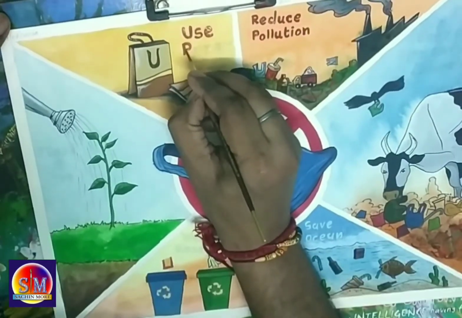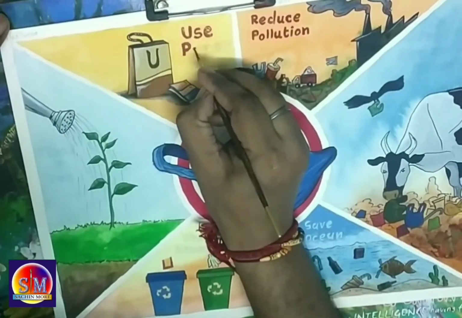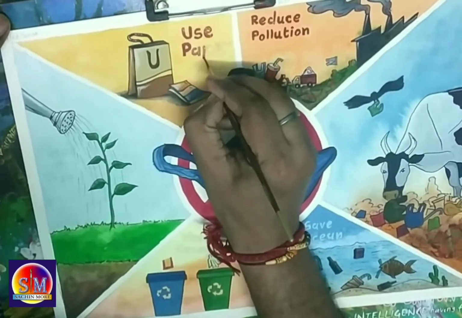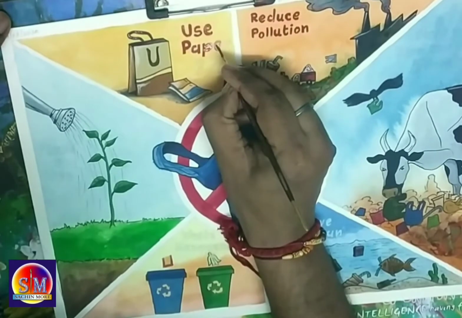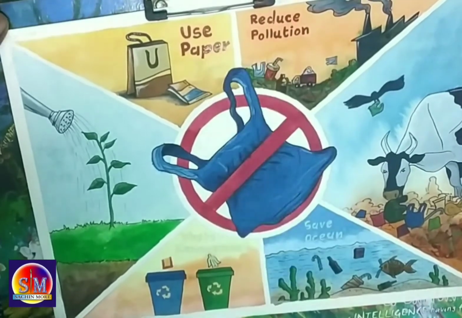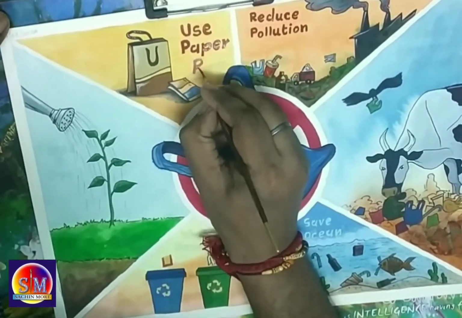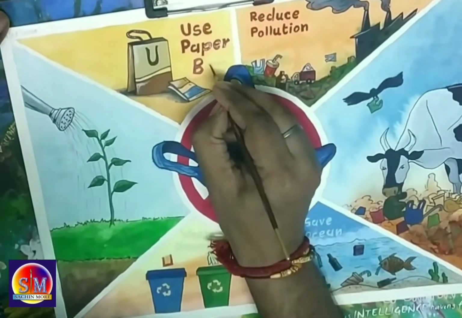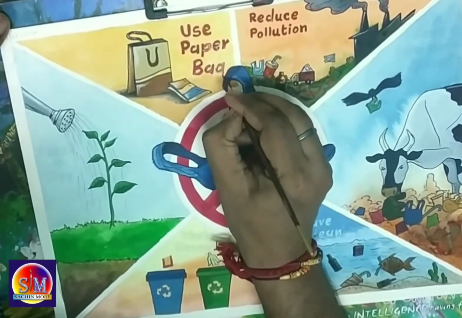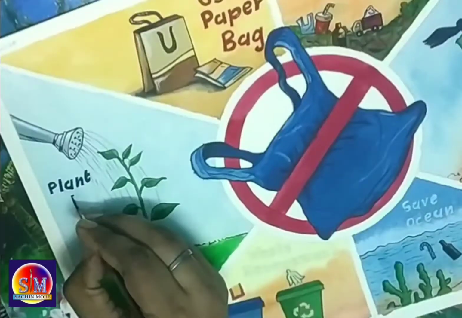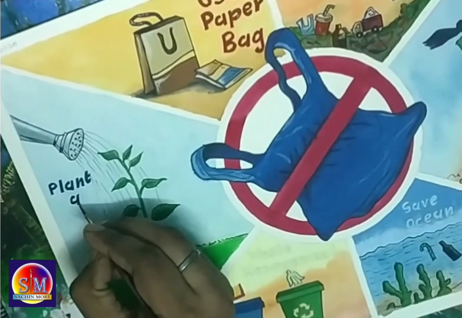All these things we have to write down in letters. This is also a part of the poster, which is also required, because we are giving a message. A poster is a temporary promotion of an idea, product, or event put up in a public space for mass consumption. This is one kind of advertising.